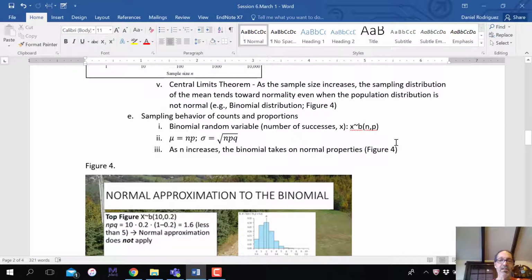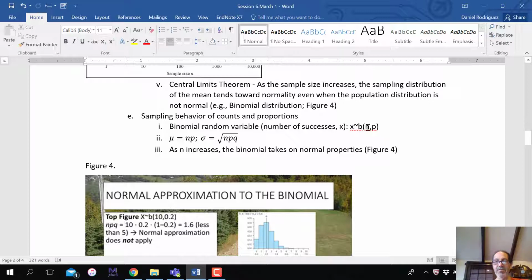Okay, let's talk about one specific case, the binomial random variable. This is one of our favorites, and we talked about this already. The binomial random variable X, where the tilde means approximately, is binomial, with the parameters being n and p.